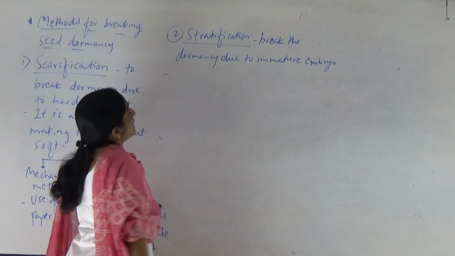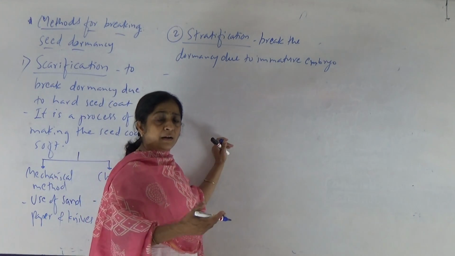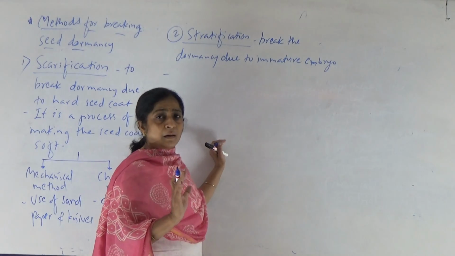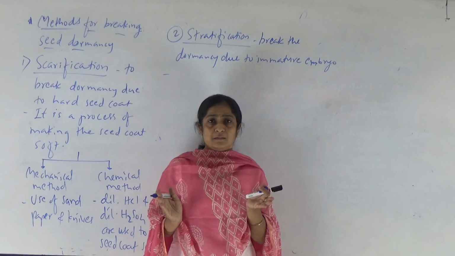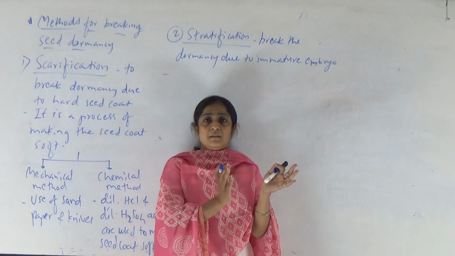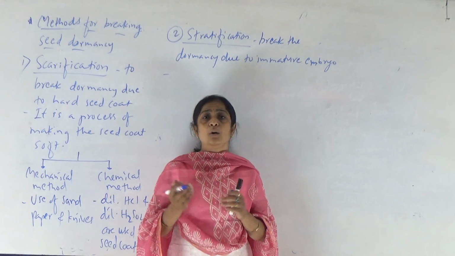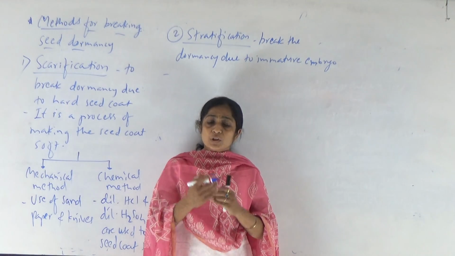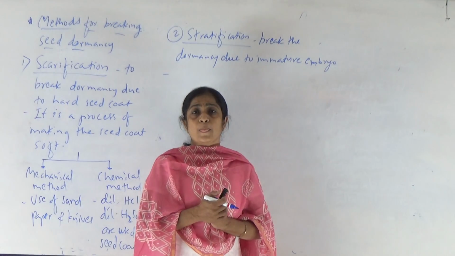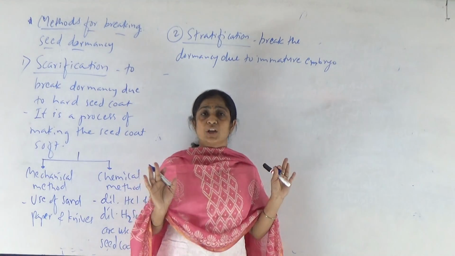Here seeds are subjected alternately to high and low temperature, right? What is the method? Take seeds, soak them in some water and then put these seeds alternately at high and low temperature for some time. This helps in the complete development of the seed embryo, and then seeds are able to germinate, right?